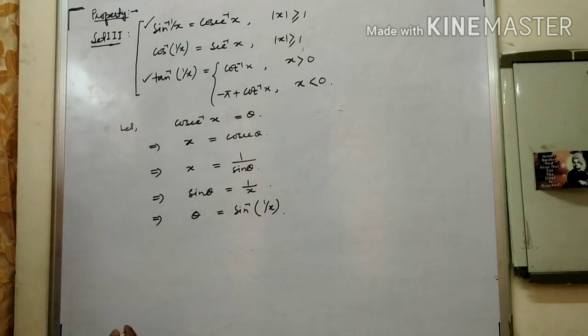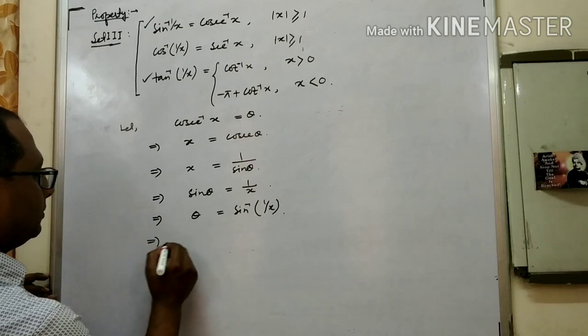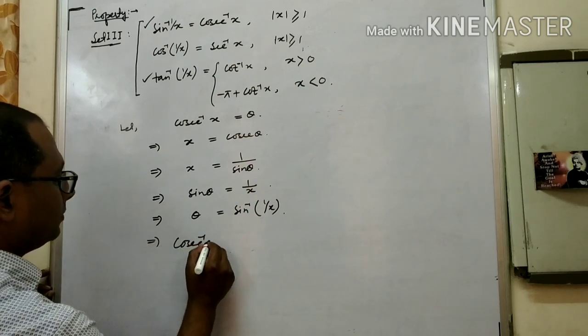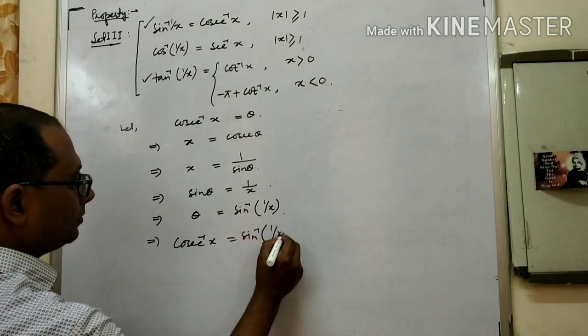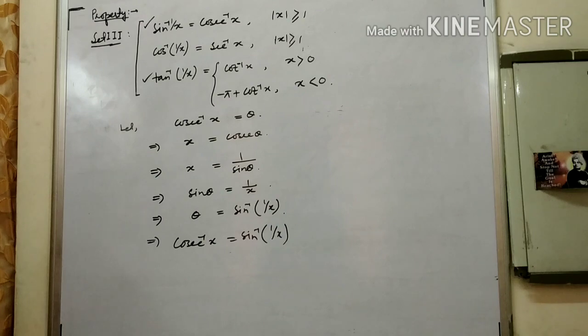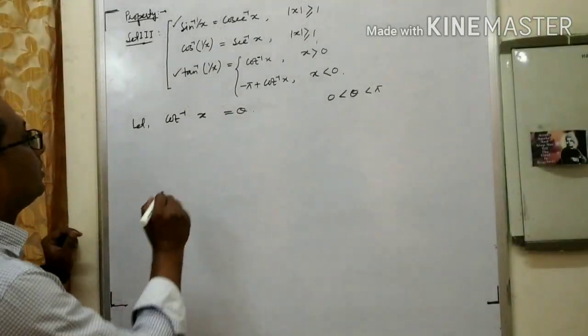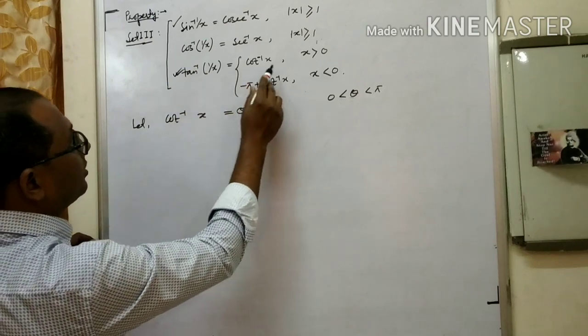Not a problem here. Okay, this proves this property. We're going to prove tan inverse 1 by x equal to cot inverse of x.